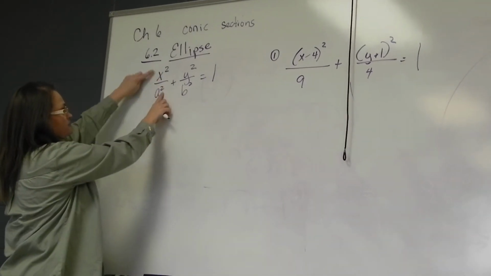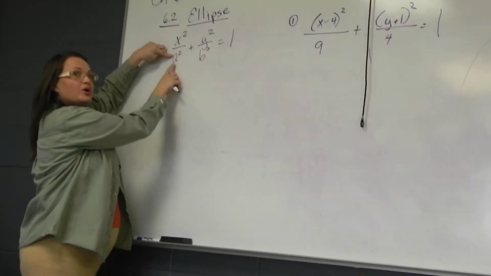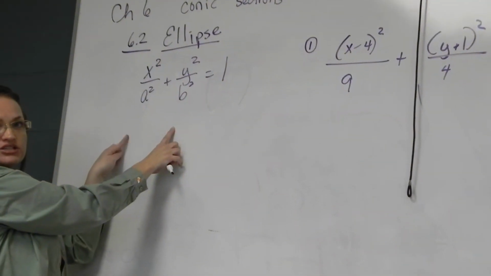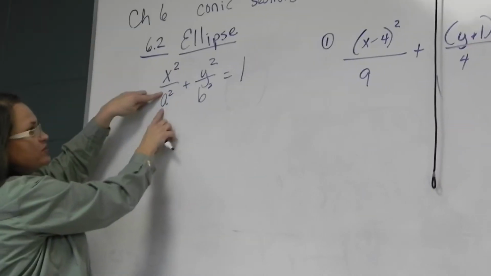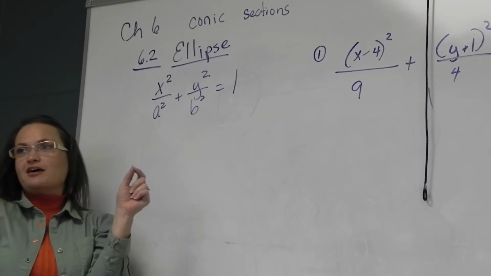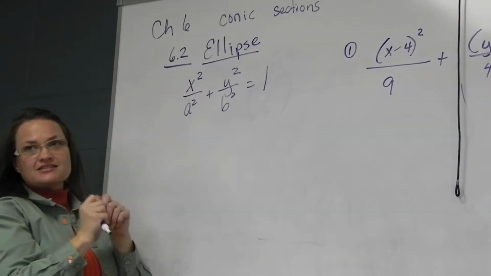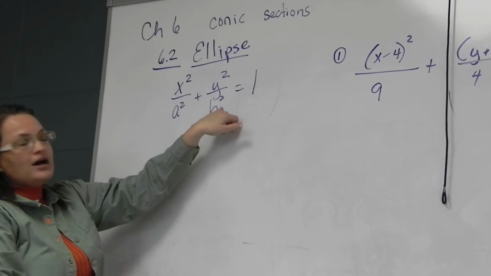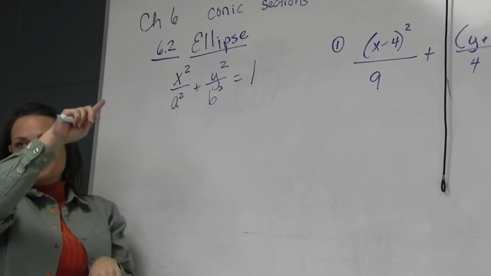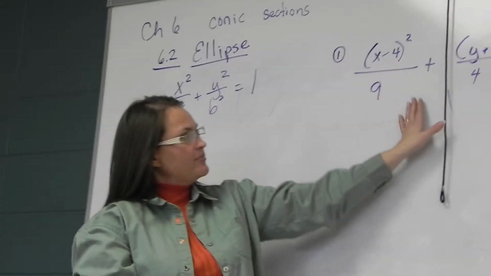And the number under x is something squared, so we'll square root it to see how far we traveled out from the center in each direction. So you square root this number under it, and that's how far you move, kind of like the radius idea, from the centering on the x-axis. Under the y term, you'll also square root that number, and that's how far you go up and down from the center.